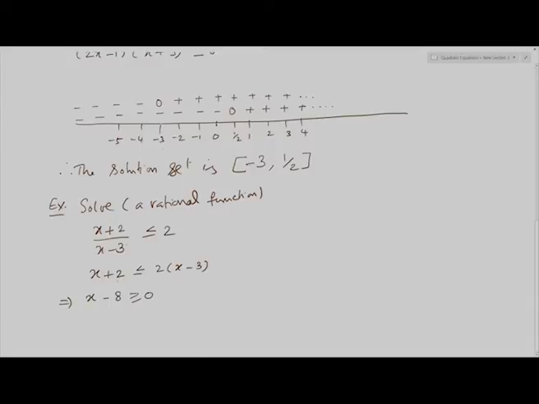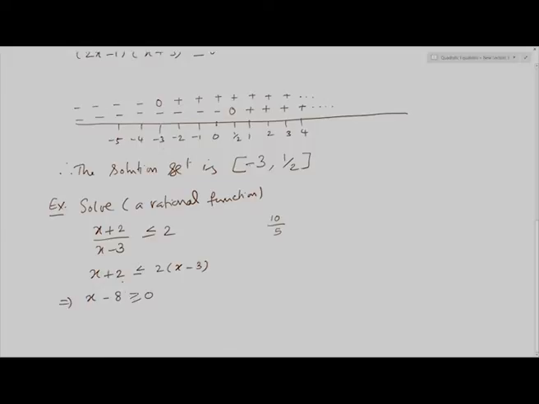Obviously, when x is equal to 8, for instance, the numerator will be 10 and the denominator will be 5, and 2 is less than or equal to 2, so it is fine. Similarly, if I take x equal to 9, the inequality is still satisfied. Therefore all x greater than or equal to 8 is a solution, but it is not the complete solution.